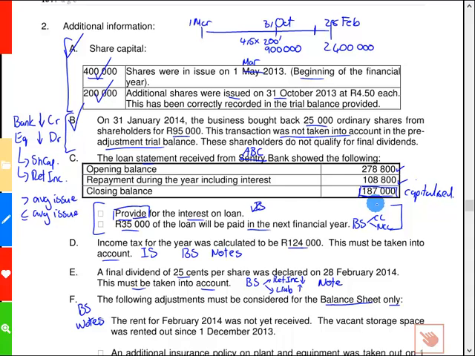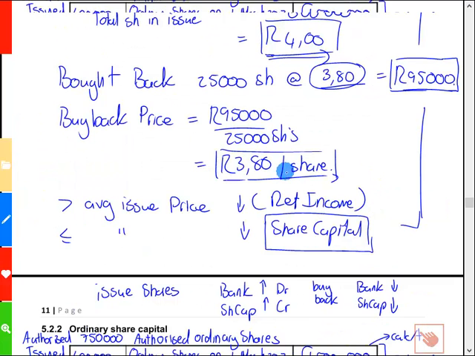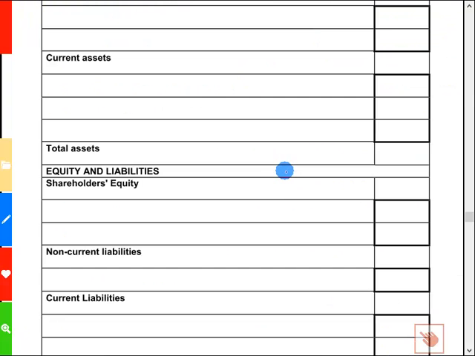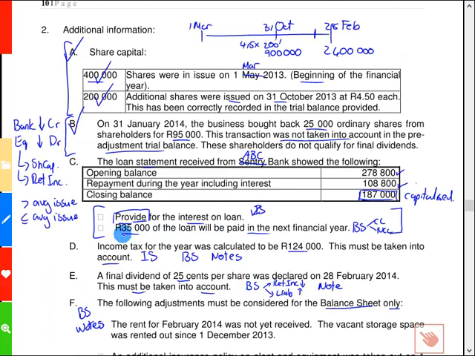Where is this going to go? That's going to go in my balance sheet. So I can go to my balance sheet and under non-current liabilities I can put the loan from ABC Bank, and I need to take into account that 35,000 Rand of the loan of 187,000 Rand will be repaid next year.